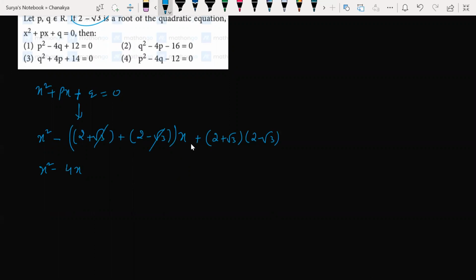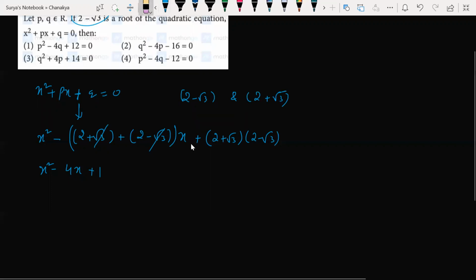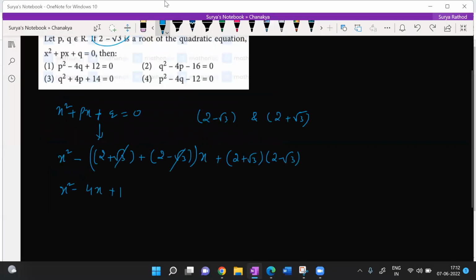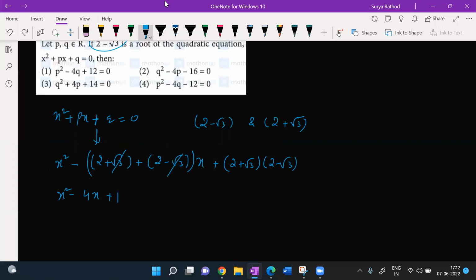And here a square minus b square, so 4 minus 3 is 1. All right beta, this is the quadratic equation we get by using these two roots. Now what we are going to do, very simple beta: compare both the equations, find out the p and q values, substitute and check out the answer.